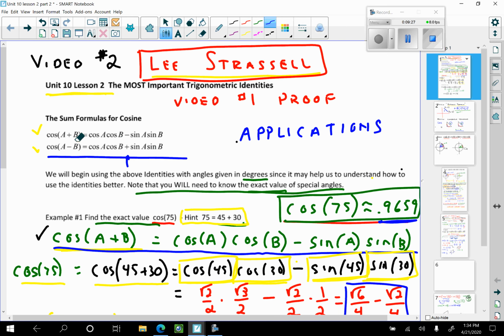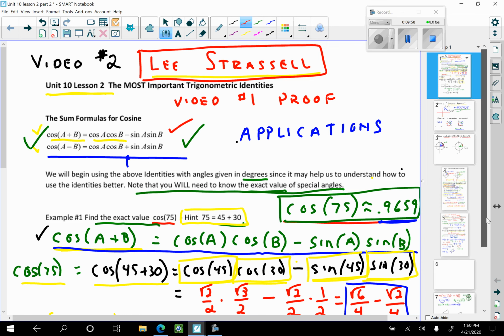If it's cosine of A plus B, it's cosine A, cosine B minus sine A, sine B. Okay, just to verify, just to make sure that we're on the right page, and you're allowed to go back. So we're going to use the cosine of A plus B, this guy right here, is cosine A, cosine B minus sine A, sine B.